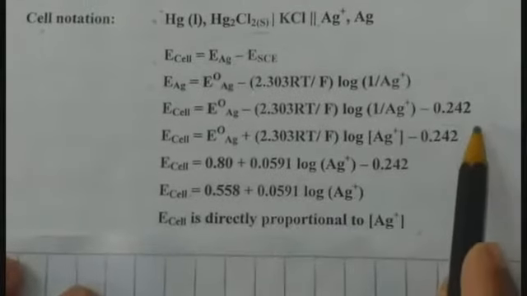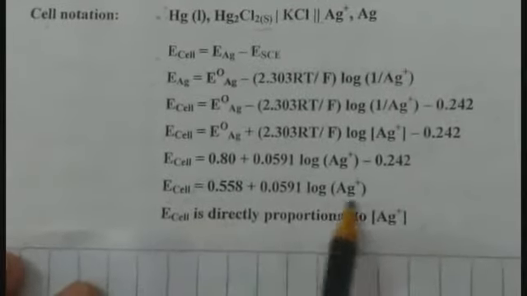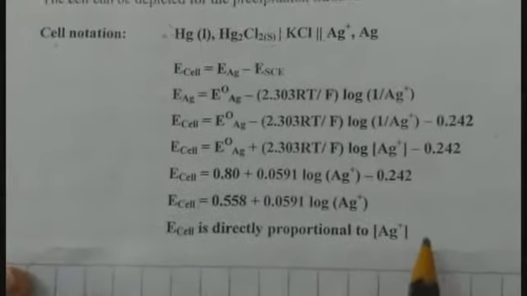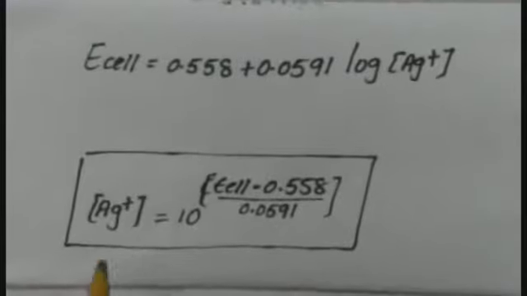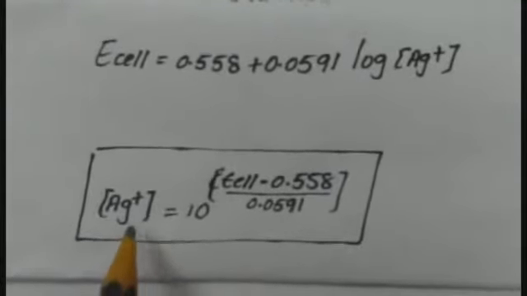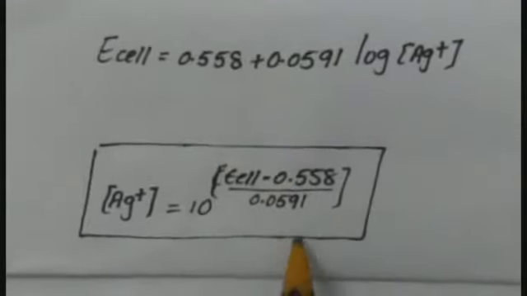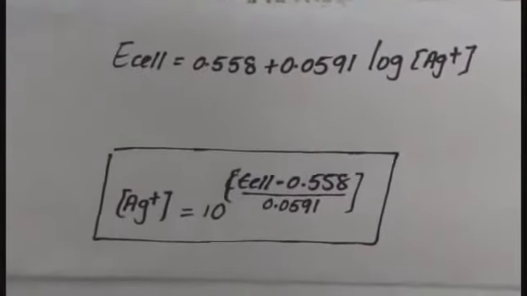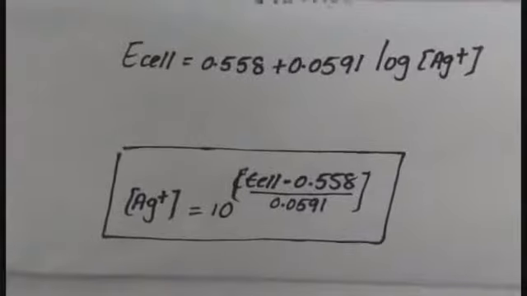After substituting this value and subtracting, we get an equation where E cell is directly proportional to the concentration of Ag+ ions. To determine the Ag+ concentration, this equation is modified like this, where E cell value corresponds to half of the volume required for the equivalence point of the titration.